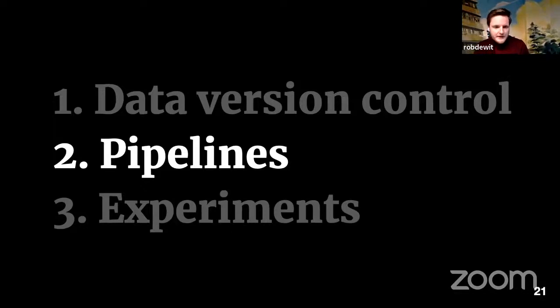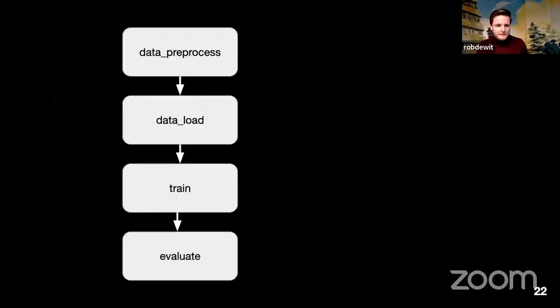Now let's take a look at pipelines, because we can use the way DVC versions your data files in pipelines. So this is roughly the same as we saw in the notebook, or as I described for the notebook. We first do some data pre-processing, we then load in the data, we train our model, and then we evaluate it to see how the model performs.